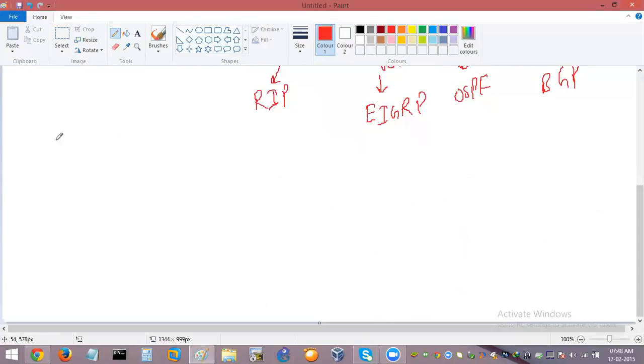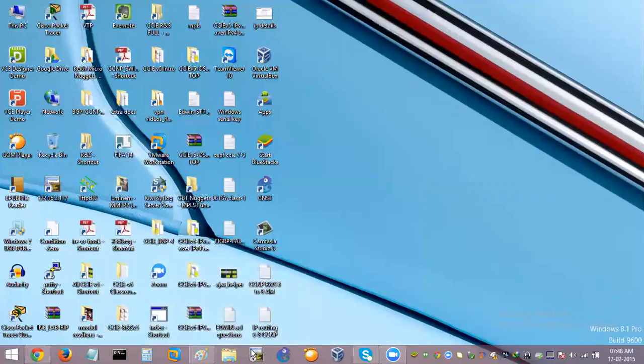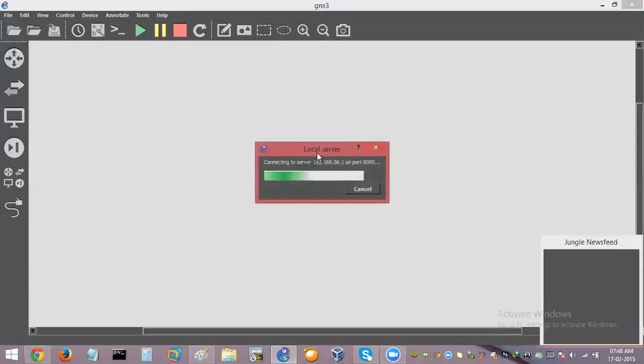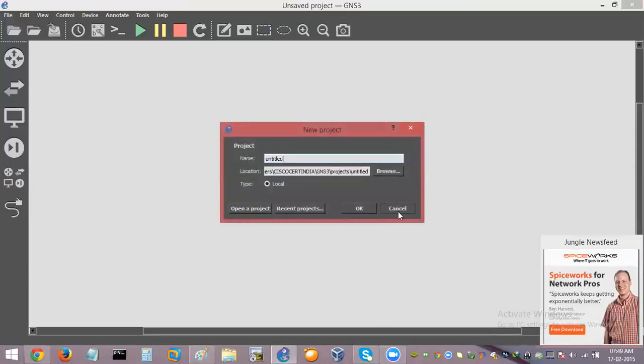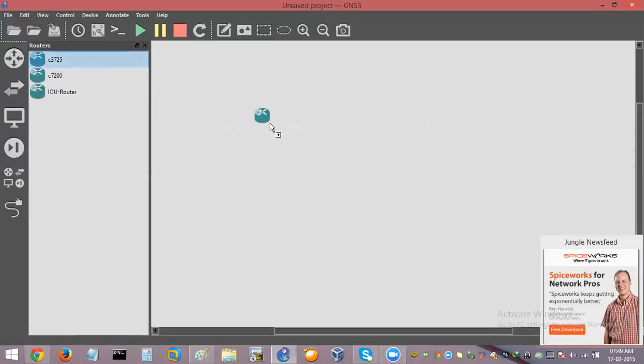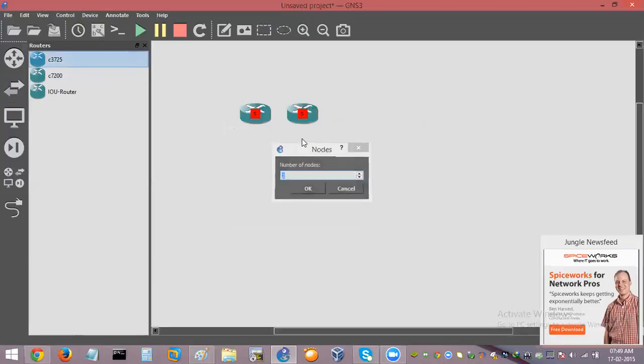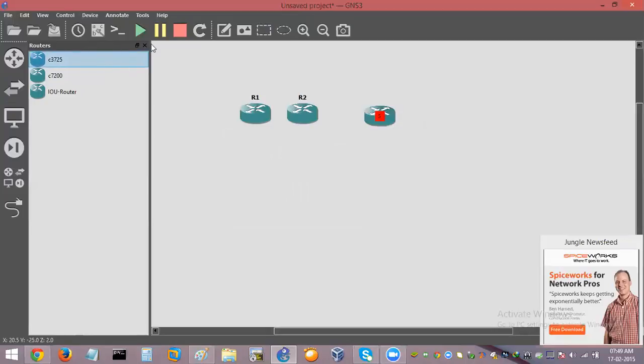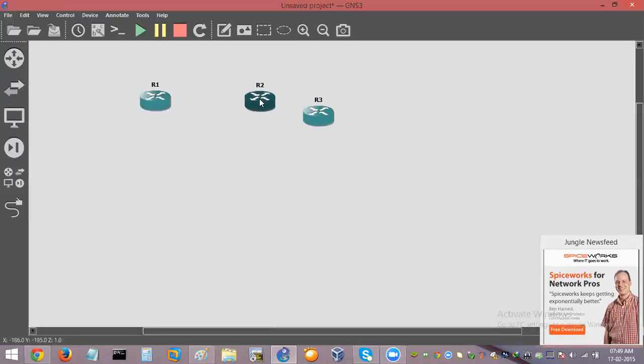So we'll start with static routing, and we need routing here. I'll take you to the same two router topology again, but this time I'll take three routers, R1, R2, and R3.